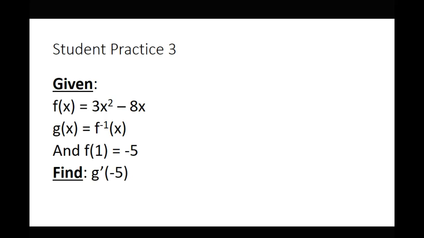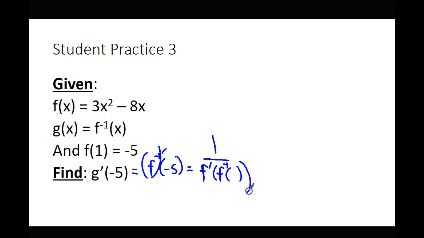A good answer here. So first of all, we have g prime of negative 5 would be the same thing as f inverse prime of negative 5. And according to our derivative formula, we want f prime on the outside, so we keep our negative on the inside.